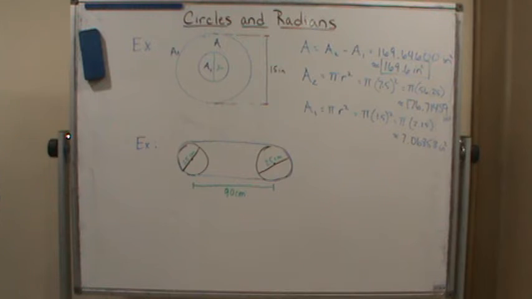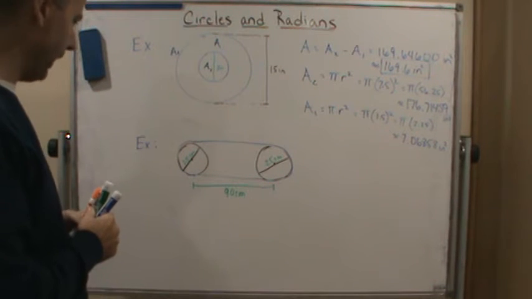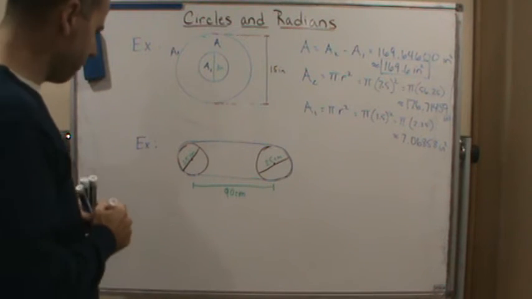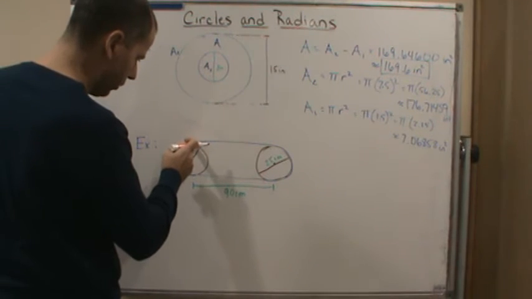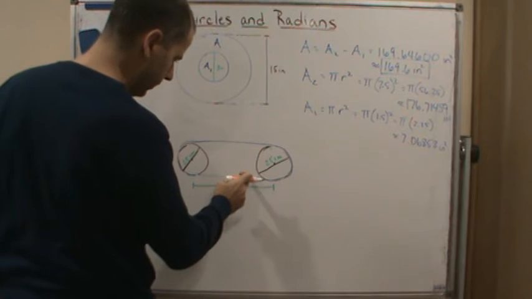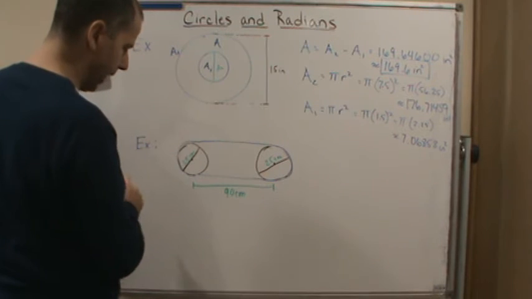So, how do we do that? Well, let's figure out what exactly we have here. The bandsaw goes around this circle, and then this distance here, and then around this circle and comes back.